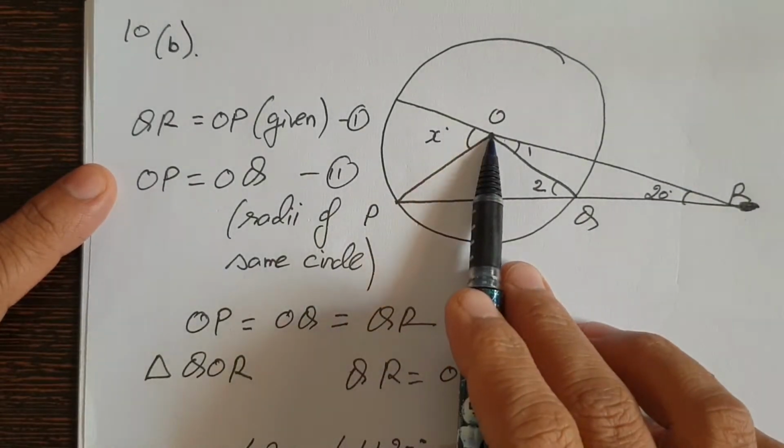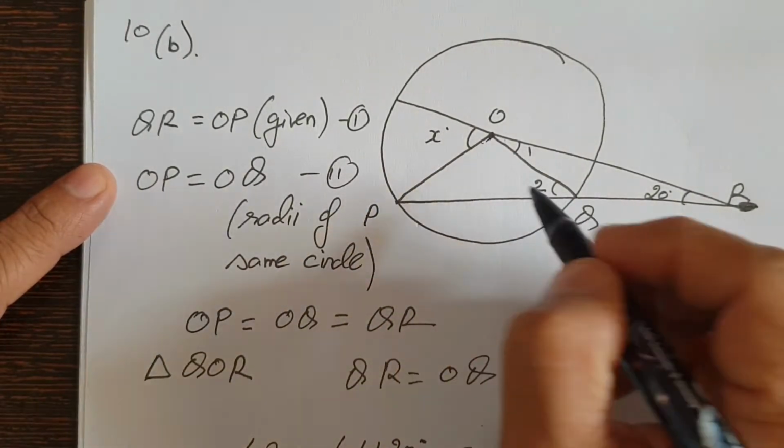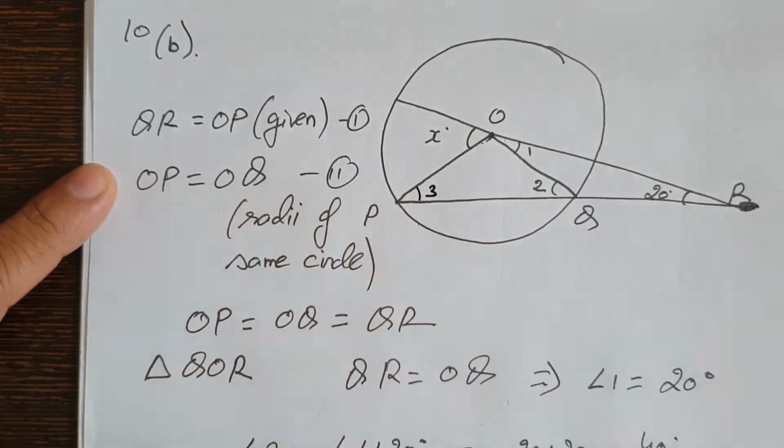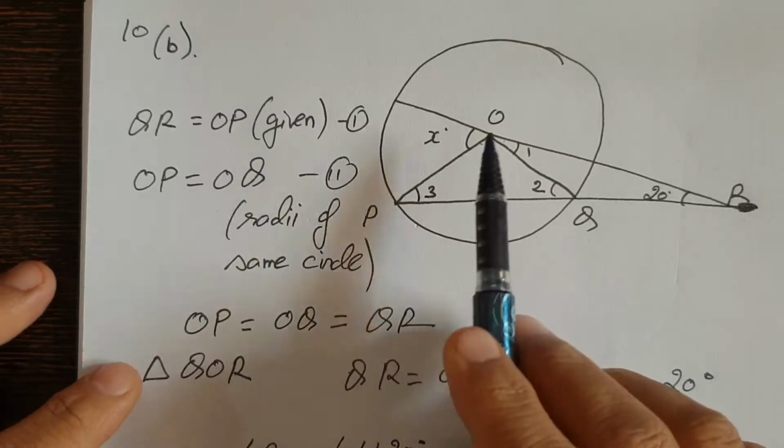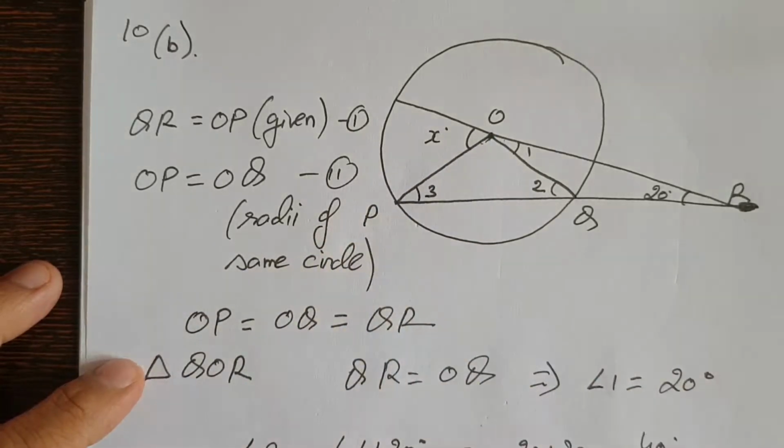Now again, if you see this figure, OP is equal to OQ. Take this as 3. Angle 2 will be equal to angle 3. Both are 40. So now we have to take triangle OPQ.